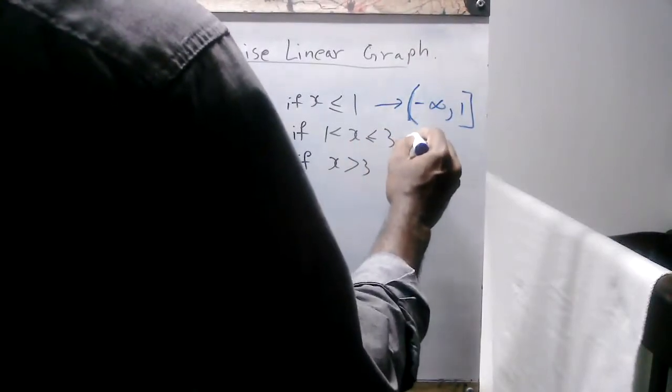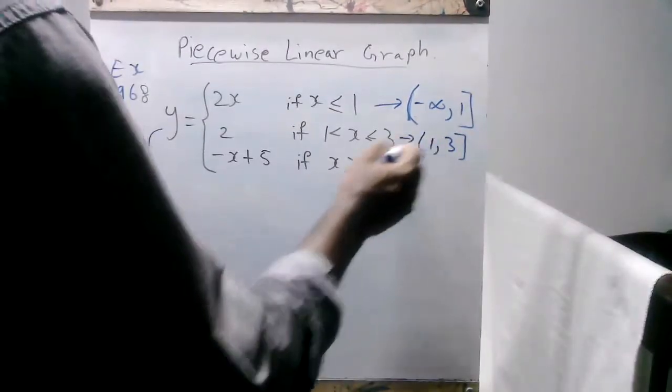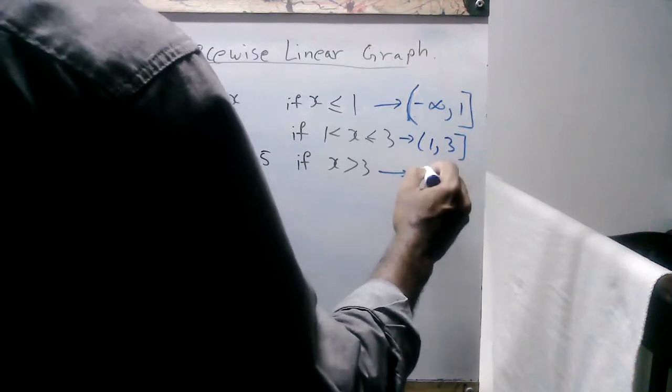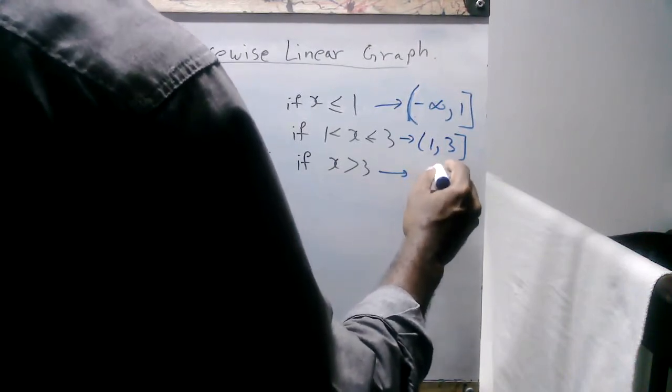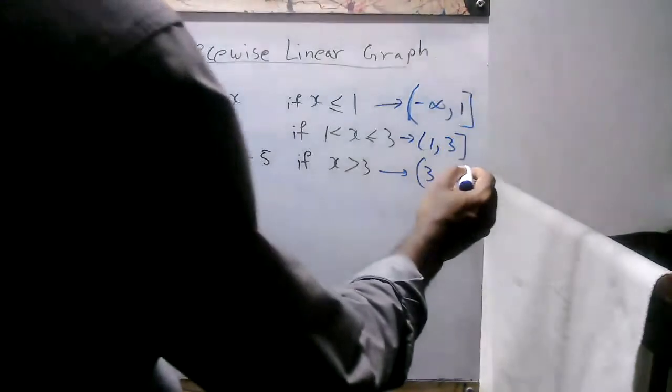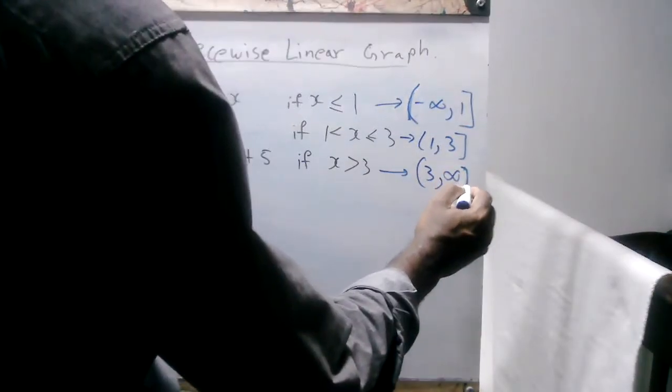This is 1, 2, 3: 3 in bracket, 1 in parentheses, greater than 3. This we can write as 3 to infinity, both sides parentheses, no bracket, parentheses.